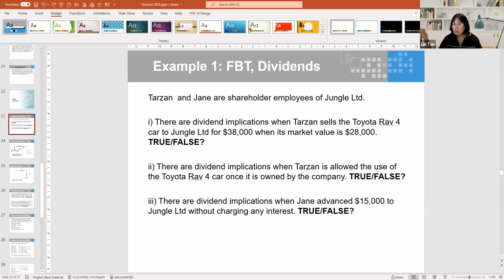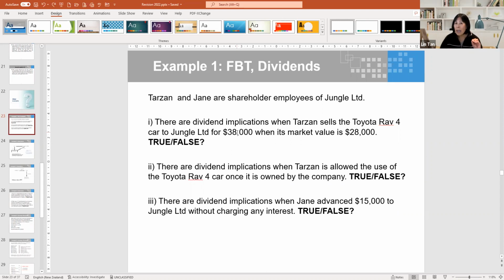Now, this one sometimes can be a bit tricky. You know that Tarzan is a shareholder employee, and we always say that FBT takes priority over dividend rules. But don't forget that FBT only catches non-cash benefits, right? It doesn't catch cash benefits. In this particular case, he actually receives $10,000 more in cash, right?